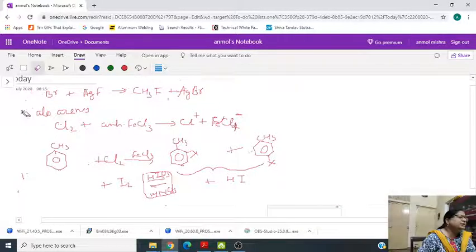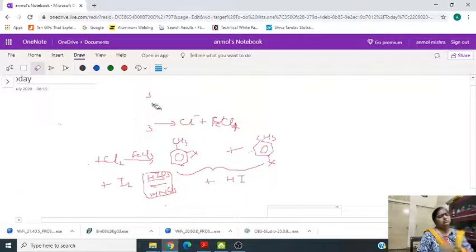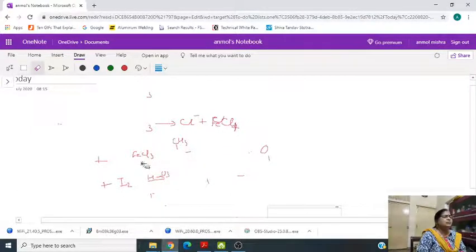Now, next method is preparation of haloarene by Sandmeyer's reaction. Now, Sandmeyer's reaction is the method of preparation of haloarenes in the presence of CuCl/HCl from benzene diazonium chloride.